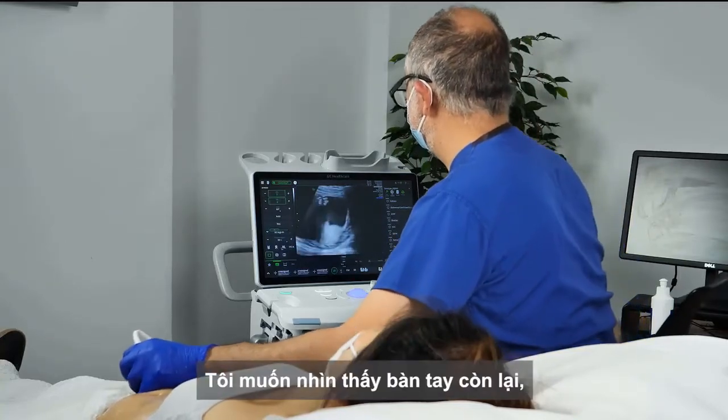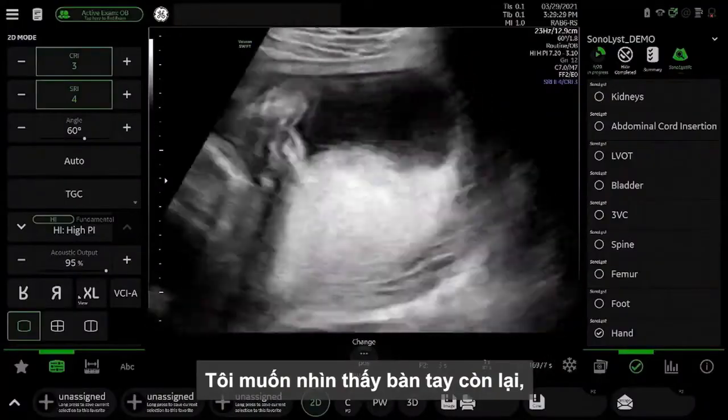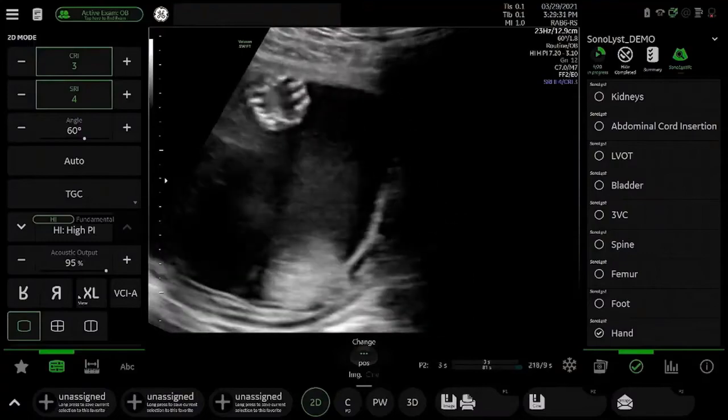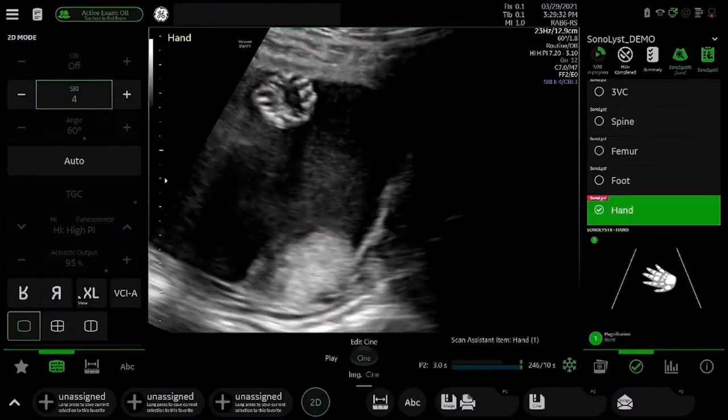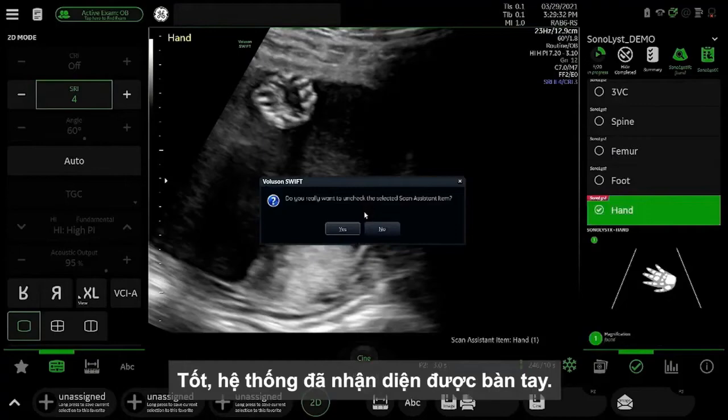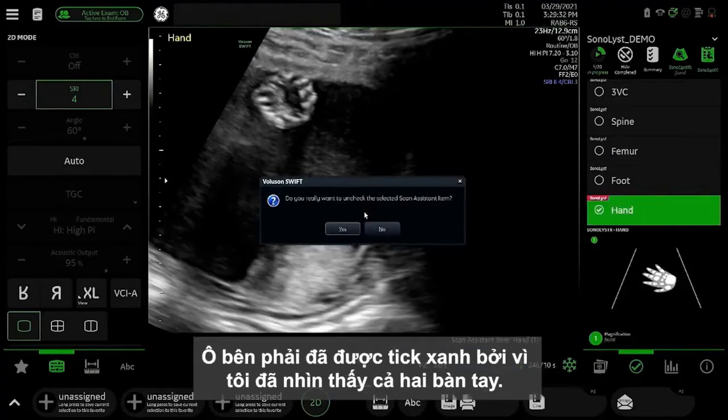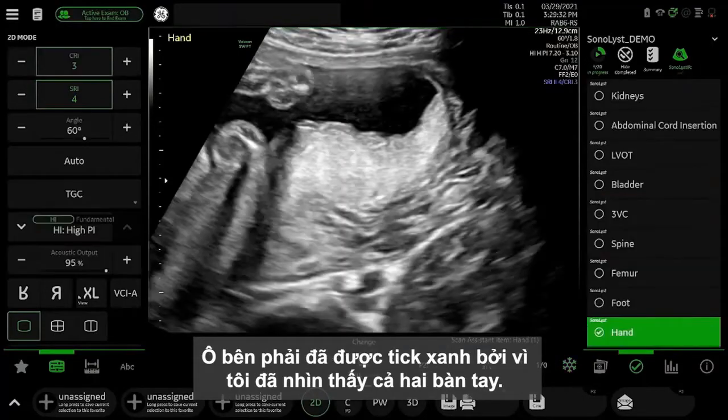I'd like to see another hand. Good. This has now gone green because we've seen both hands.